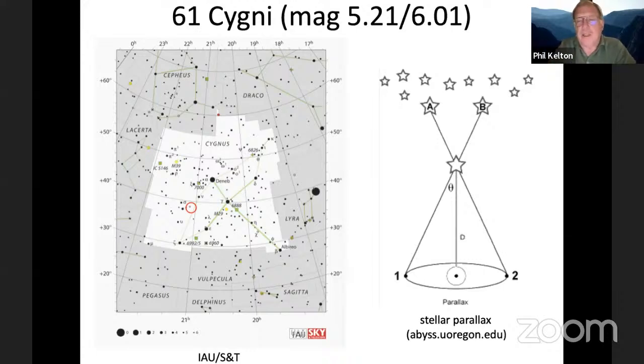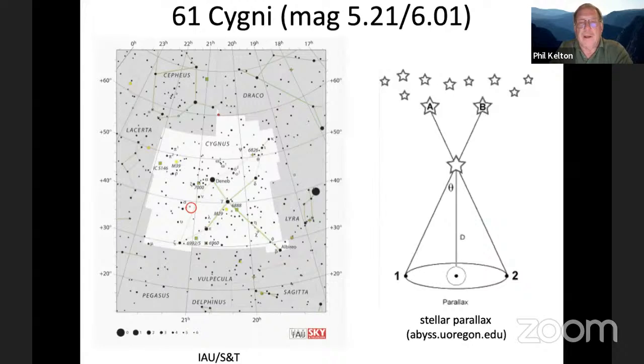This is an illustration that I found on the web of how stars appear to be at a different position because of parallax, if they're close enough, as the Earth orbits the sun. So at the two extremes of the Earth's orbit, the star will appear to have a slightly different position.